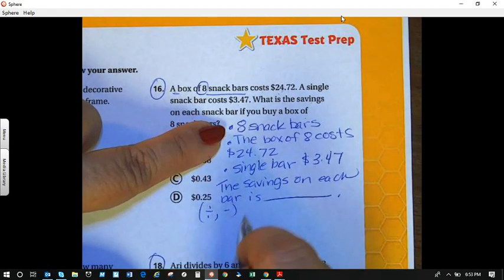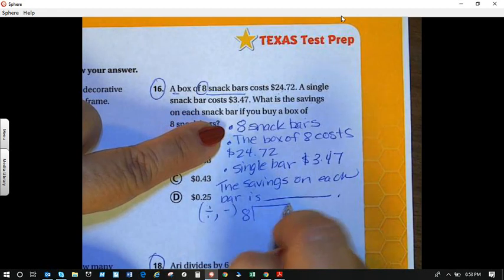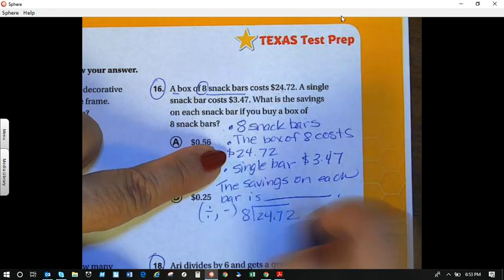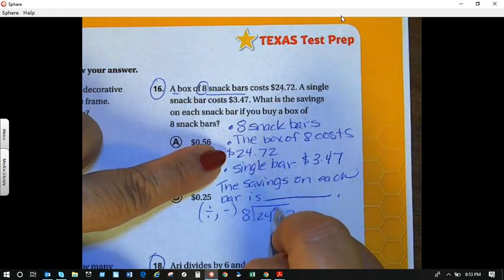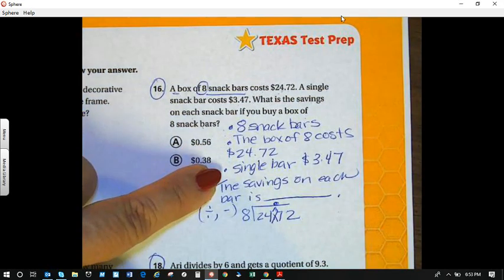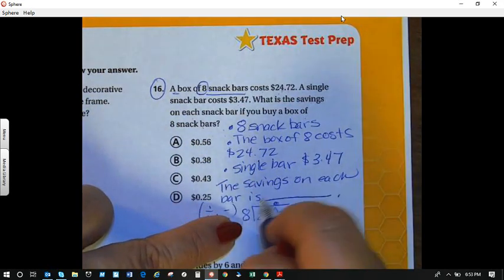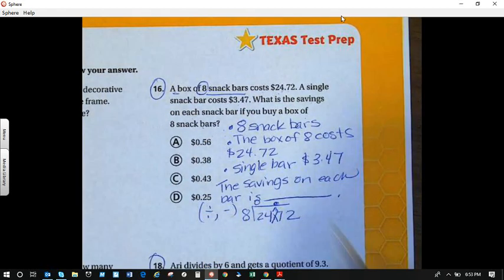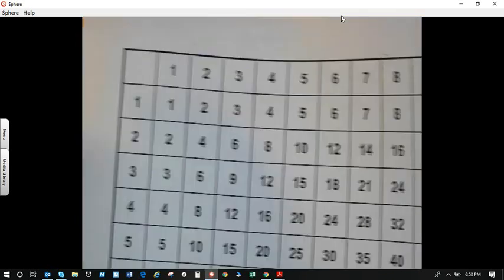So I'm going to put 8 divided by $24.72. I'm moving my decimal, and then I'm forgetting that it exists. I don't really care anymore. 8 cannot go into 2. But how many groups of 8 can go into 24? And again, you can always go to your multiplication chart.